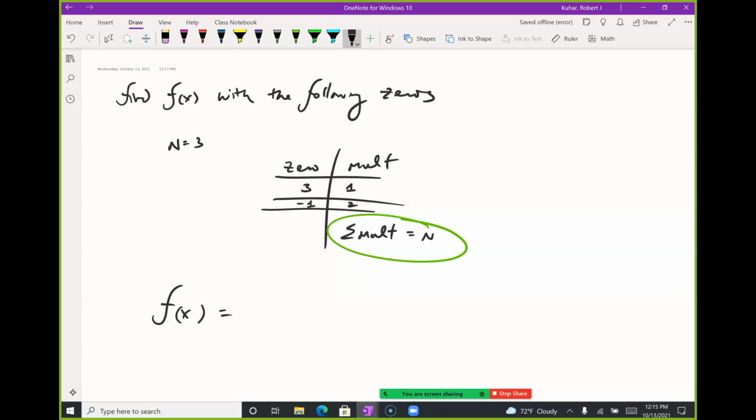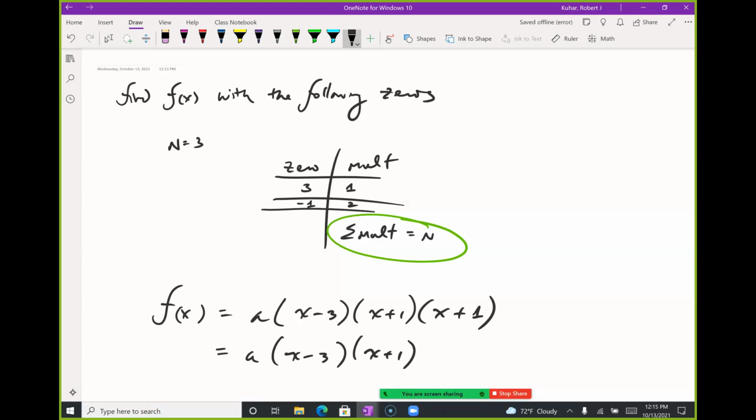So on this one, I've got a times x minus 3 times x plus 1 times x plus 1, because that 0 of negative 1 is repeated twice. That's what the multiplicity means. And so, of course, I could write this as x minus 3 times x plus 1 quantity squared.